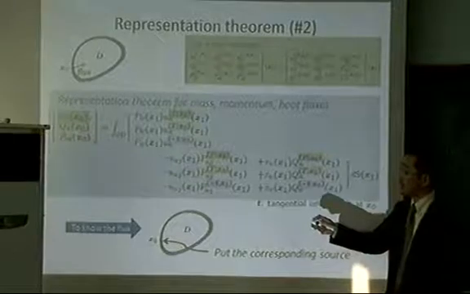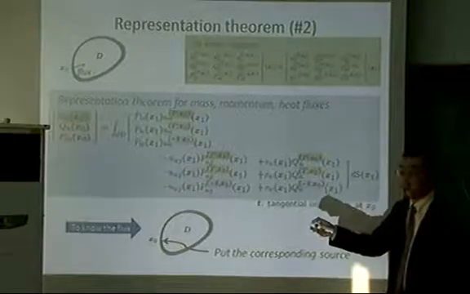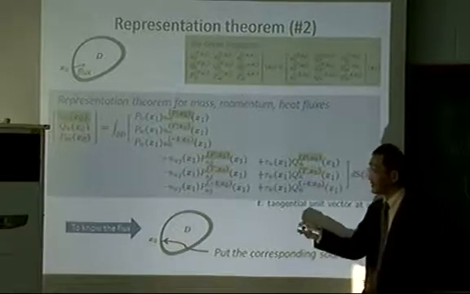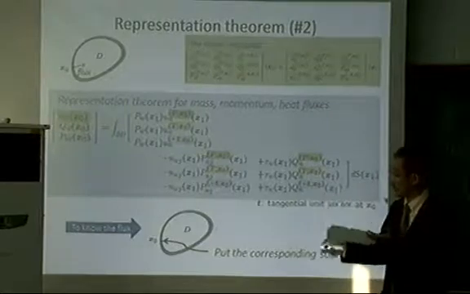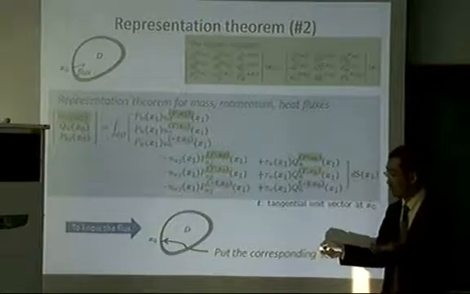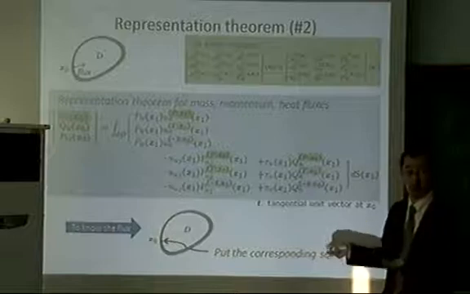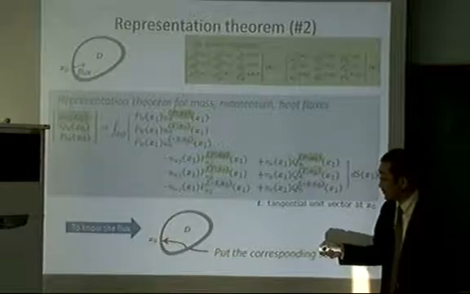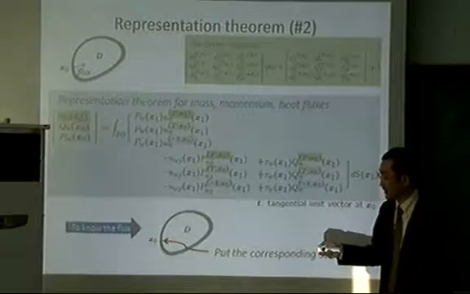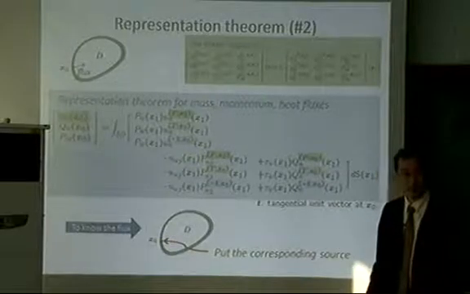In the same way, to obtain the heat flow, if you are interested in the heat flux at this point, what you have to do is just consider the problem for the temperature source here.